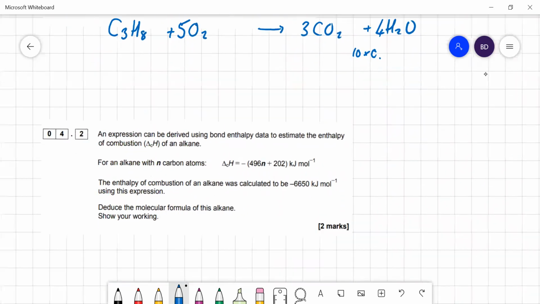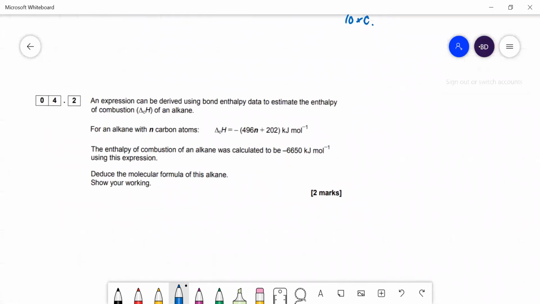Right, 4.2, an expression can be derived using bond enthalpy data to estimate the enthalpy of combustion, delta HC, of an alkane. For an alkane with N carbons, it's given by this formula here. The enthalpy of combustion of an alkane was shown to be that, so use this formula to work out the molecular formula of the alkane. Right, so we've got to put the numbers in there.